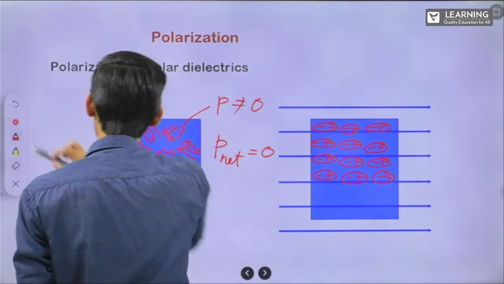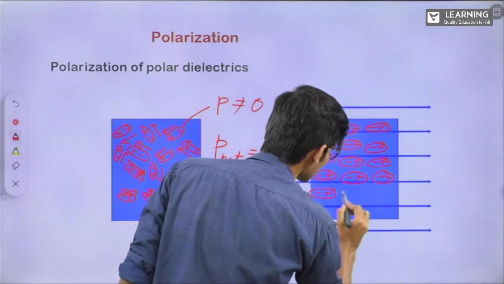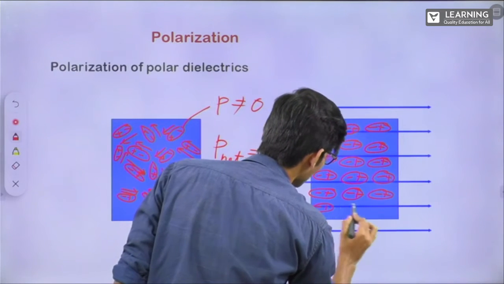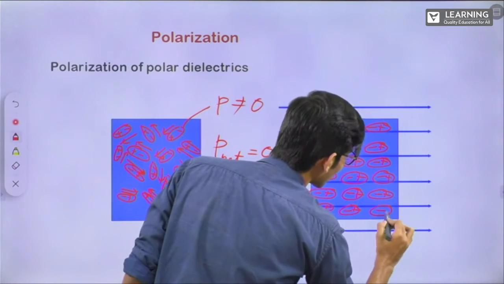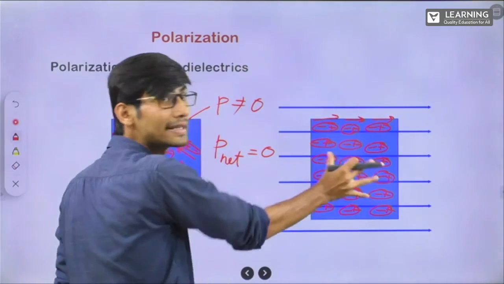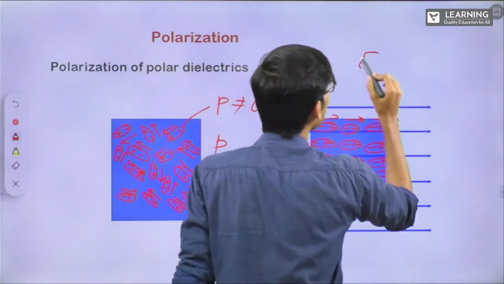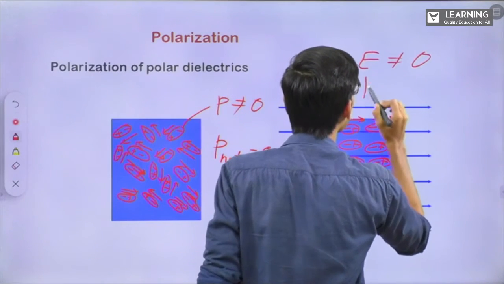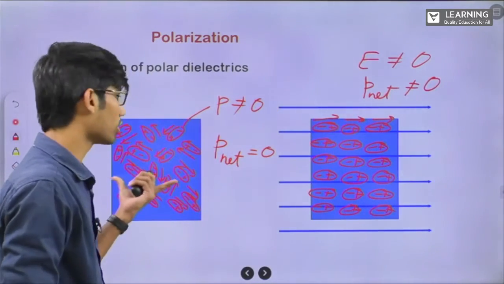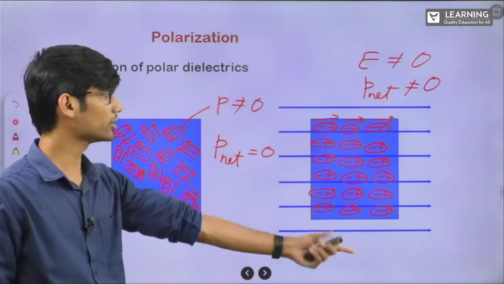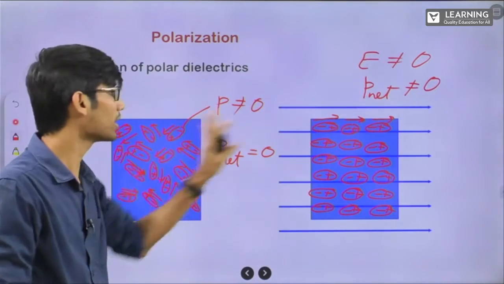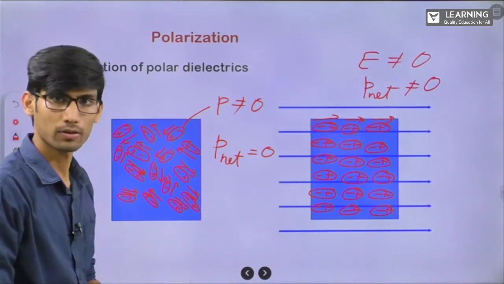Okay, the final arrangement will be like this. Clear? This is the dipole moment now. So now the net dipole moment is not zero. When electric field is not zero, P net is also not zero. They will align themselves like this. All right.